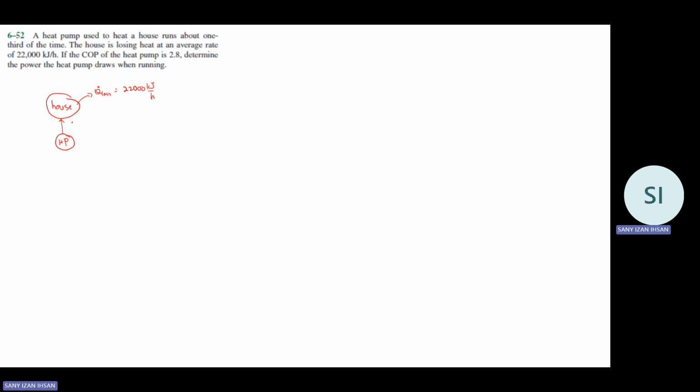Okay, that will be the QH dot. And of course, the heat is being supplied from outside, which is the cold surrounding, which is QL dot in this case. All right, and of course, in order for this to run, to be possible, we require work net in dot. And you are also given the COP. In this case, this is the heat pump, which is equal to 2.8.